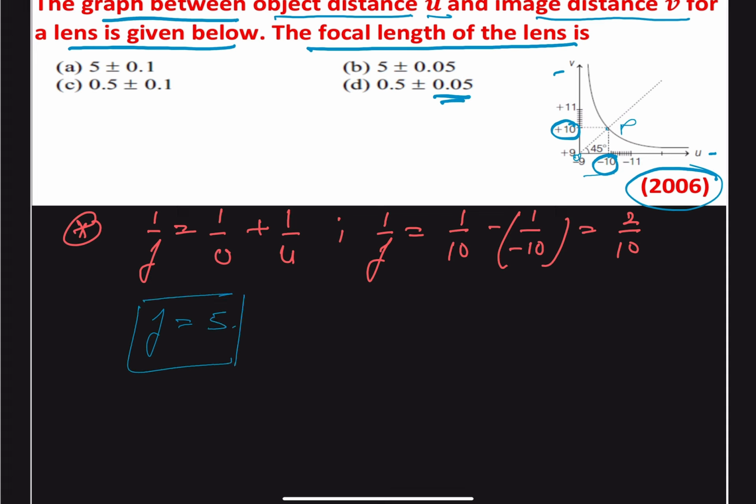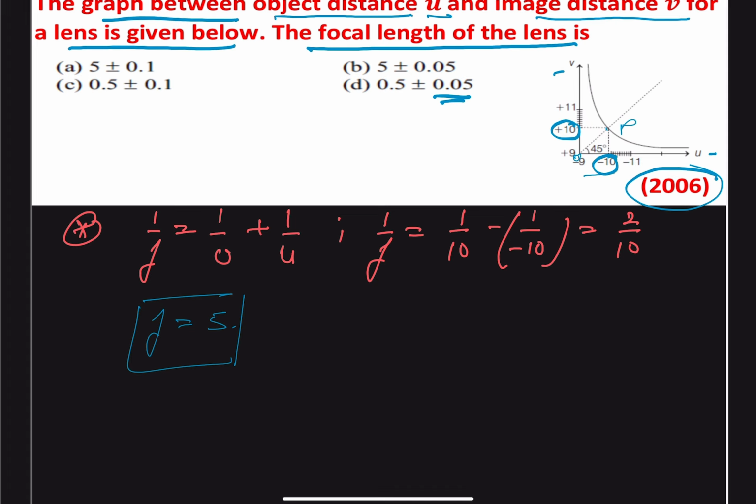But from the graph we can easily see that the number of divisions between this minus 10 and minus 11 are total 10 in number. So each smallest division on u as well as v, let us call them delta u as well as delta v, will be equal to 0.1.